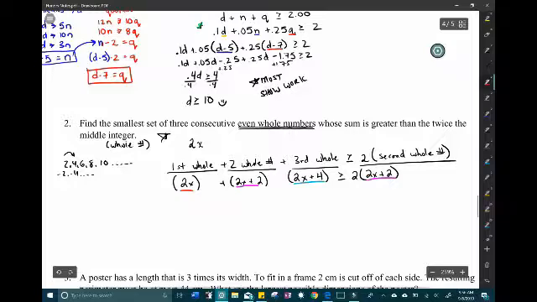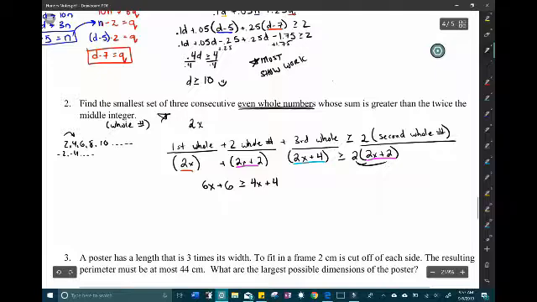Once you get past that, it's not bad at all. Let's just add our like terms on the left here. 2x, 2x, 2x is 6x plus 6 is greater than or equal to 4x plus 4. I just distributed and went from there.